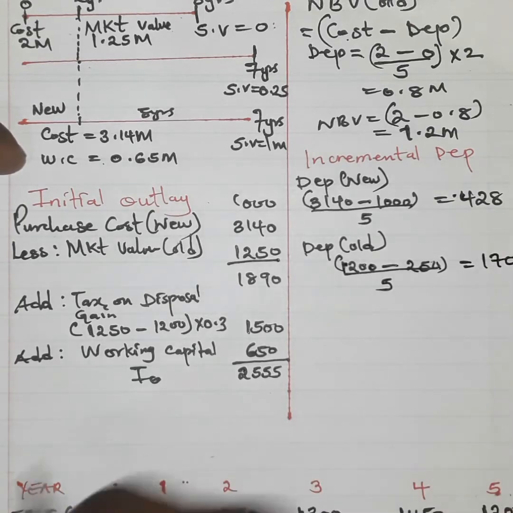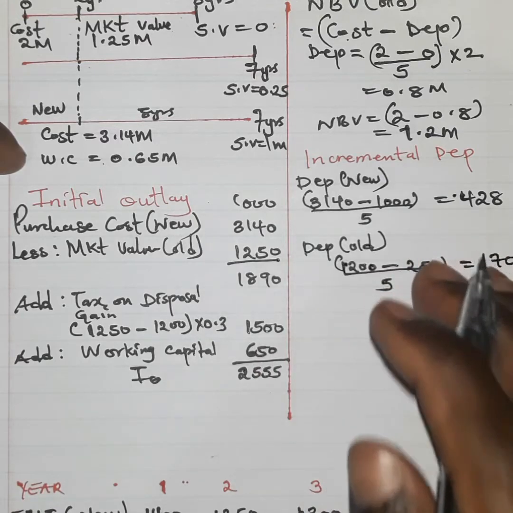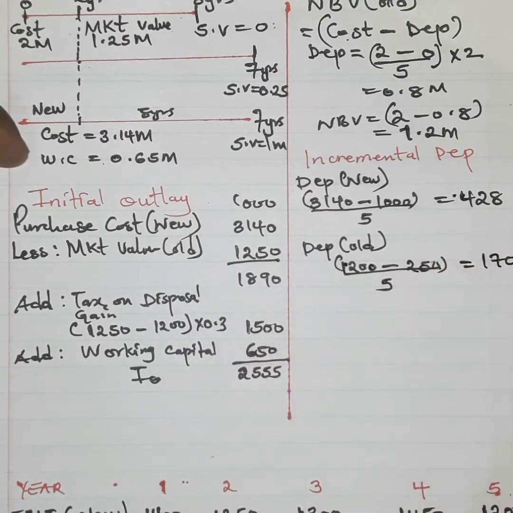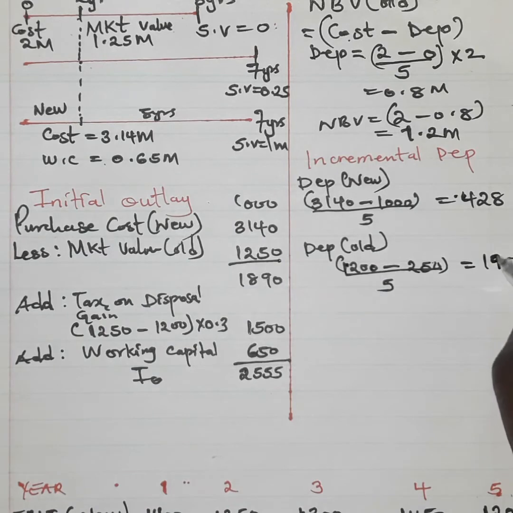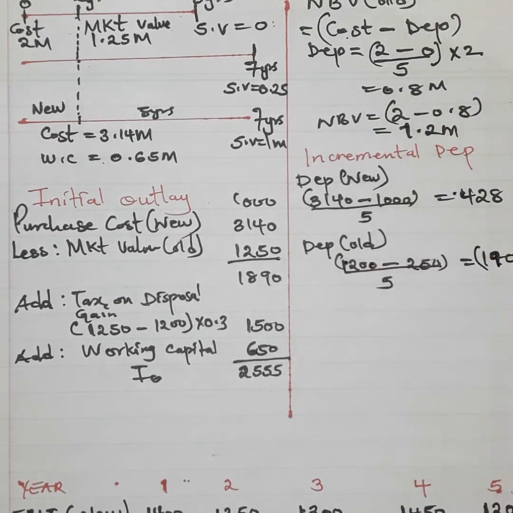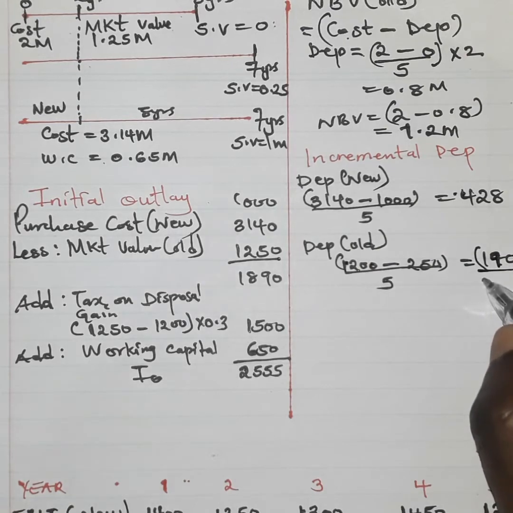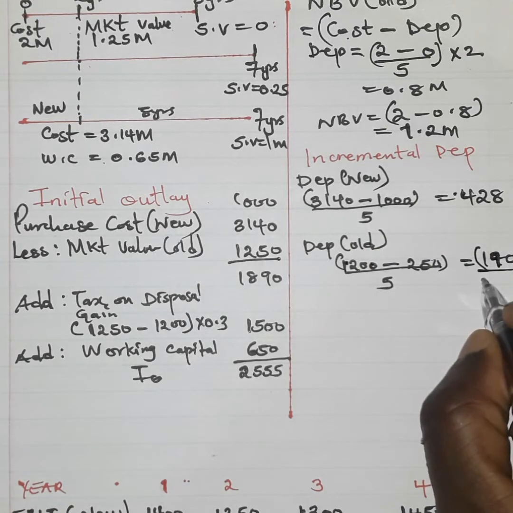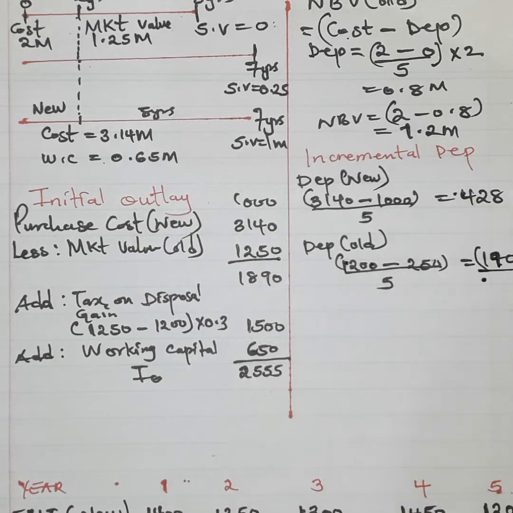So for us to get the increase, we subtract these two. It means we subtract what we are getting rid of, the old machine, from the one that is being introduced, to get an amount of 238,000.